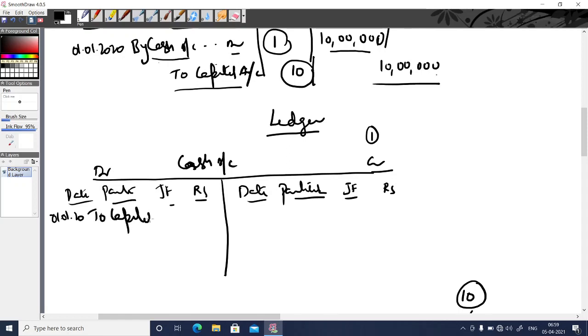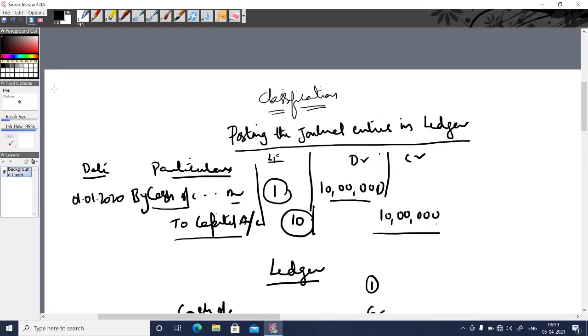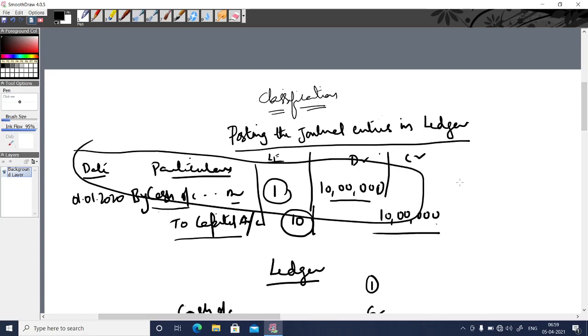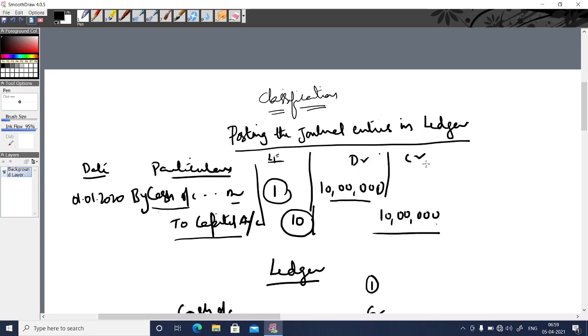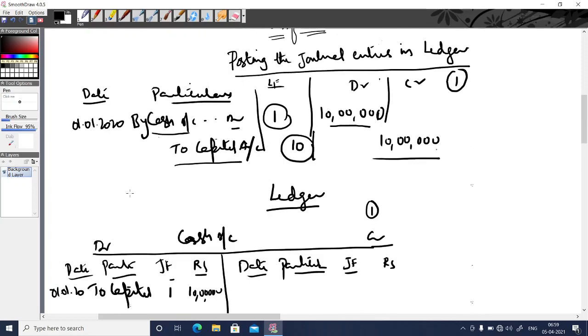In the JF number column, since this entry was recorded in page number 1 of the journal folio, I'll write the page number, page number 1, rupees 10 lakhs. So I have posted the debit aspect of this journal entry.